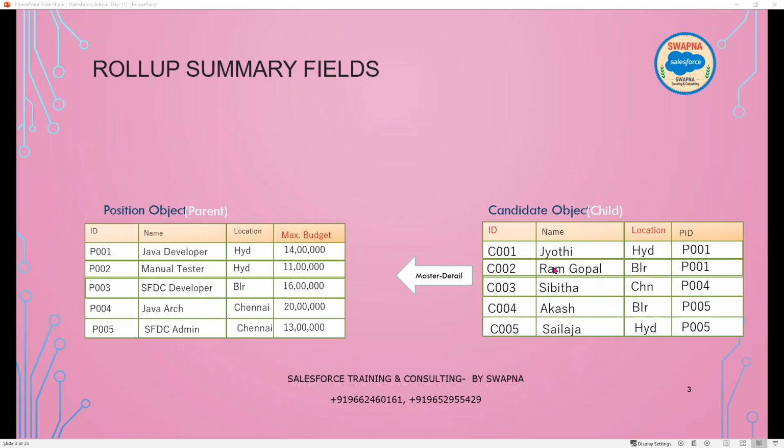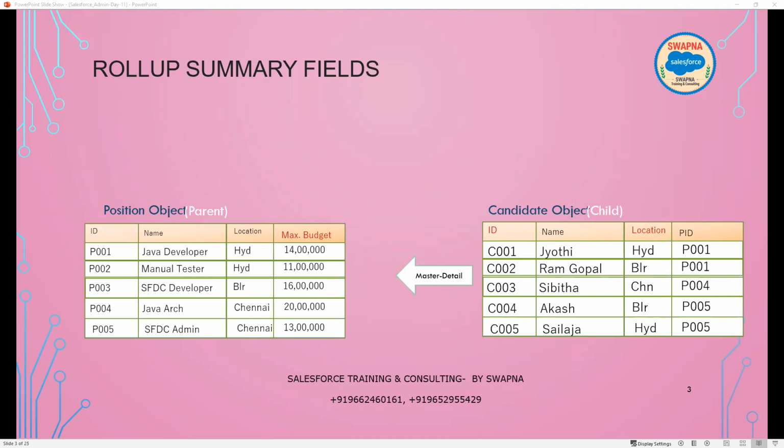Ram Gopal has also applied for Java developer in Hyderabad, whereas Sivita has applied in Chennai, which is Java architect, and Akash has applied for the SFTC admin. Shailaja has also applied for the SFTC admin.